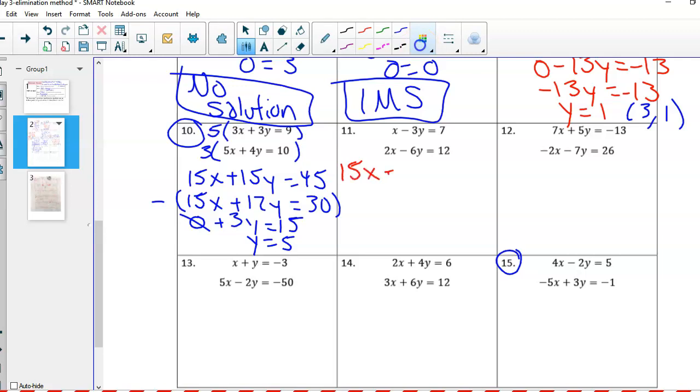So 15x plus 15 times 5 equals 45. What's 15 times 5? 75.